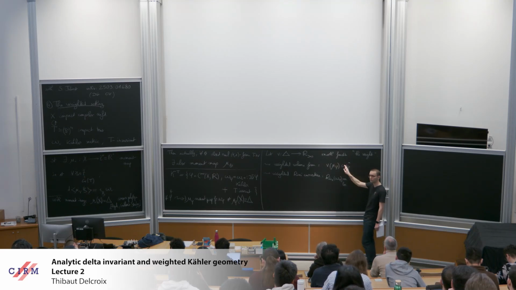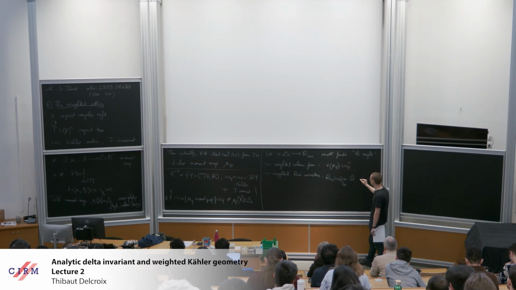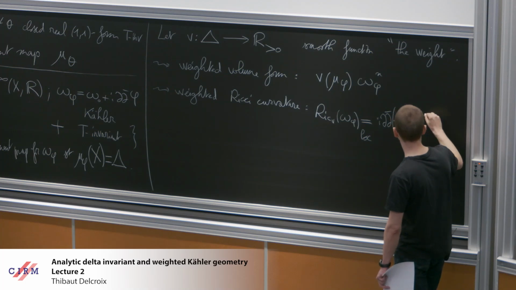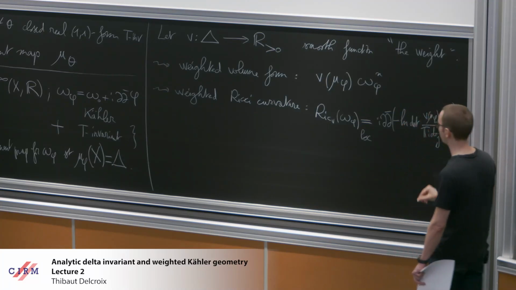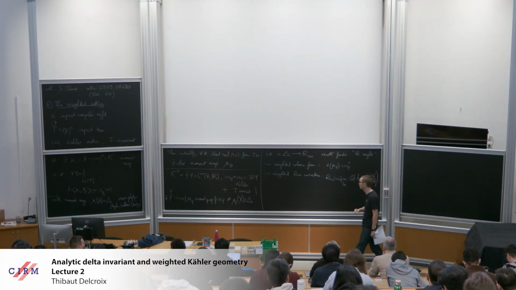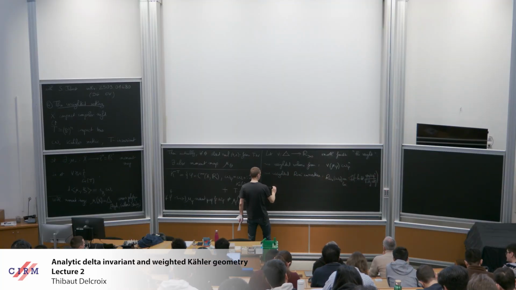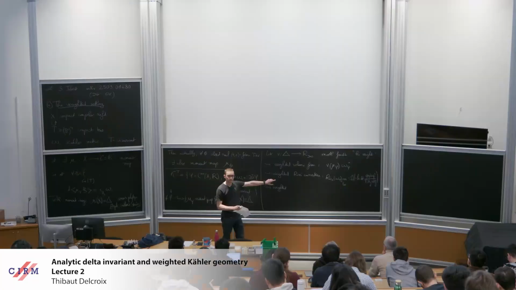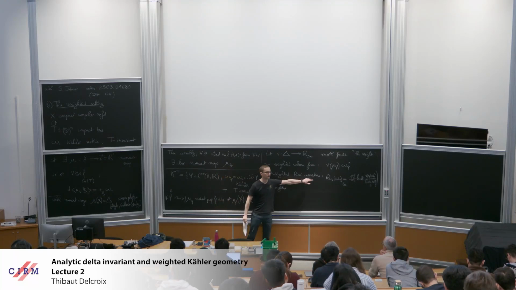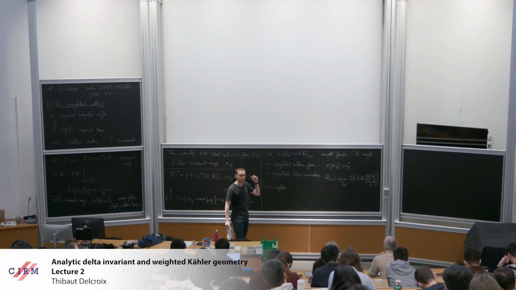So here I take the same, but with this new weighted volume form. Then, of course this is already enough to define the analog of Kähler-Einstein metric. But I will come back in a minute.